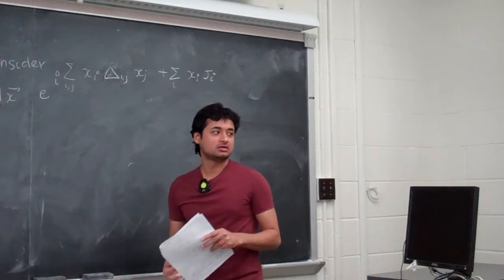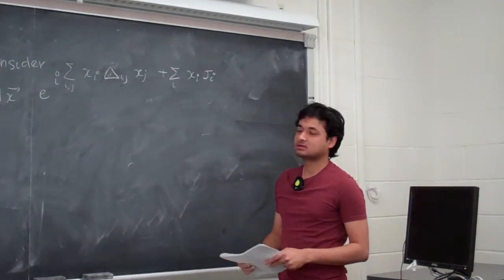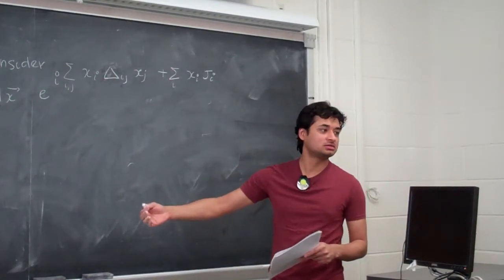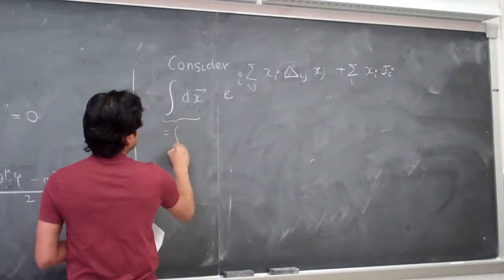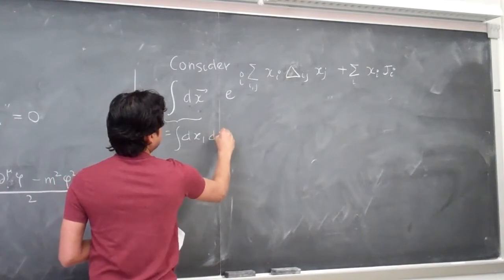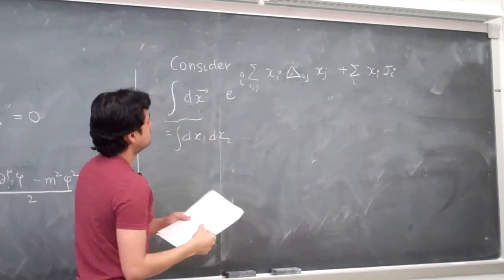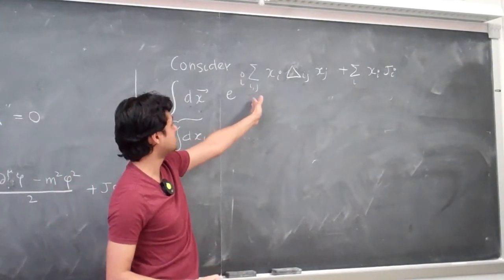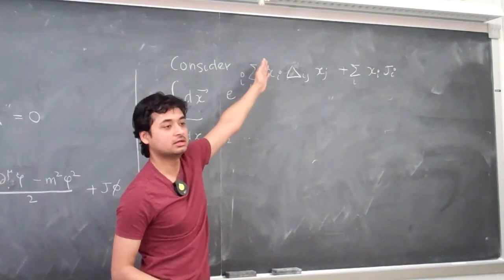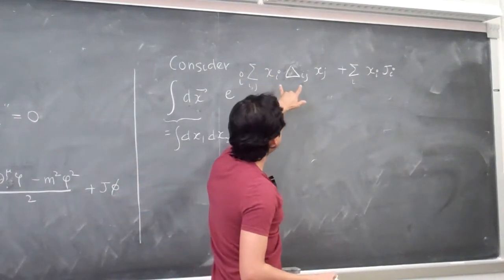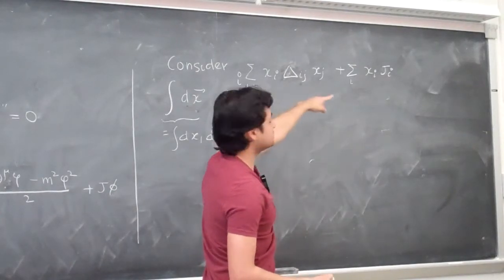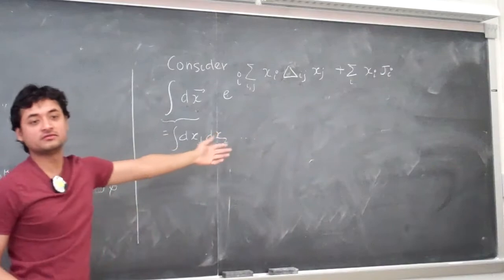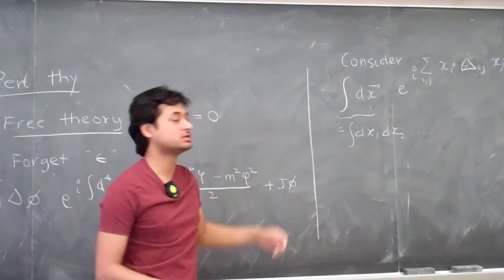Okay, so this is a shorthand notation for writing a lot of integrals. So this effectively means dx1, dx2, and so on, from 1 till where this sum goes to. This might go from 1 to n. And you see this factor, it is a Gaussian integration as written. It's just in more than one variable. Okay, it's an n-dimensional Gaussian integration.